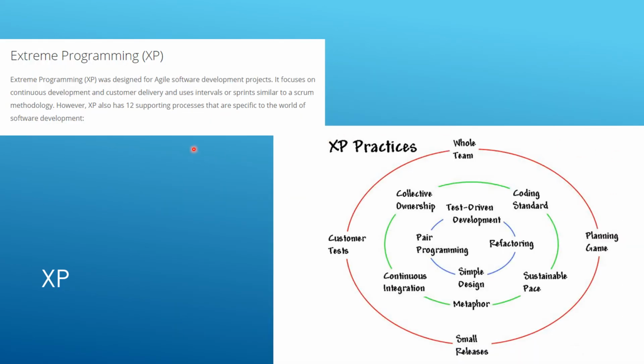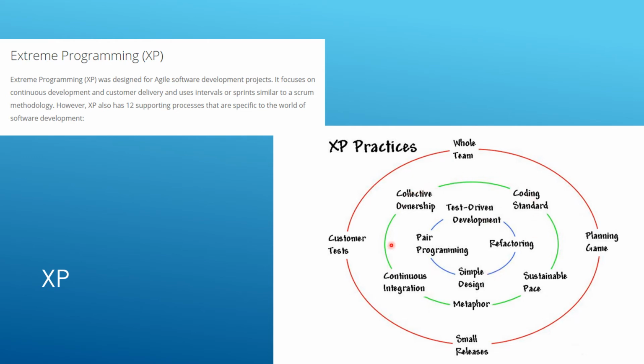XP is another popular technique. I admire XP because of the engineering discipline and technical excellence it brings to the table. XP was designed for agile software development projects. It focuses on continuous development and customer delivery, and uses intervals or sprints similar to Scrum. However, XP has 12 supporting practices. At the core, it brings TDD, pair programming, simple design, and refactoring.